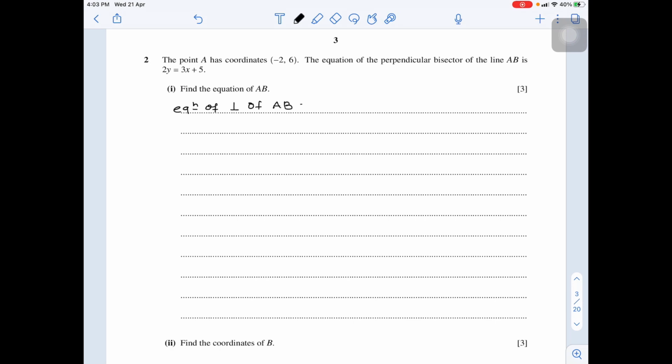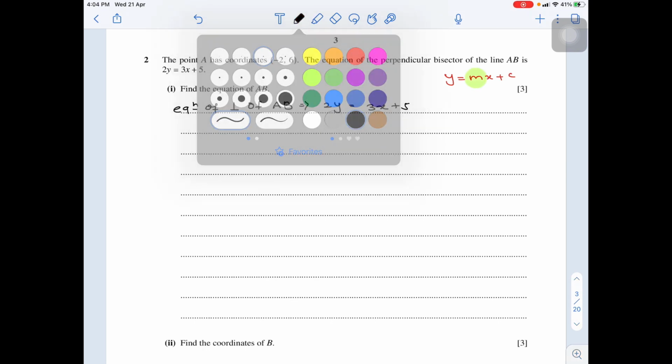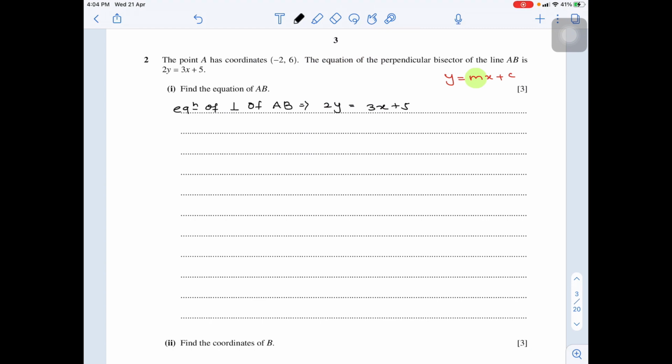So I have the equation of the perpendicular bisector of AB, which is 2y equals 3x plus 5. I need to change it into the form y equals mx plus c. The reason behind doing that is I need the gradient.